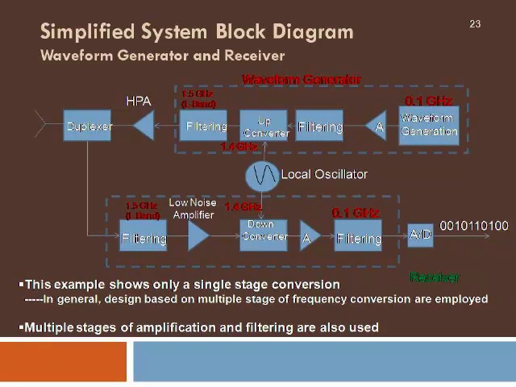Hence, separately designed low noise amplifiers, normally maintained at very low temperatures, will be used for this. The main purpose is not to add noise, but to add only gain to the signal. So though the signal gain is going to be less, we'll be happy with this because the noise addition is very minimal in this. After this, the signal will be at a sufficient level to go for down conversion.